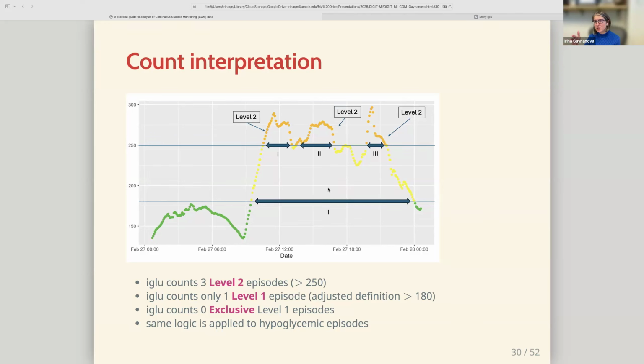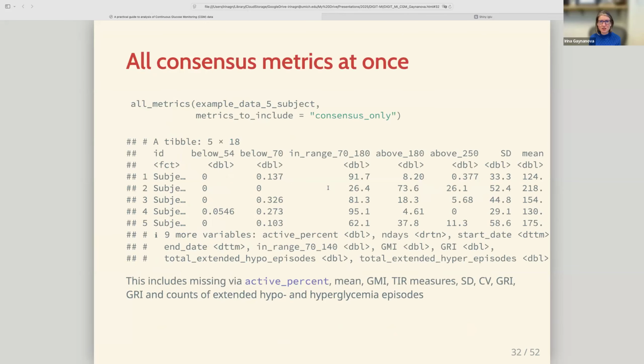So this will be an illustration where you will tell me what the meal times are. And then iglu would automatically look into the CGM data associated with those meal times and summarize metrics for the postprandial glucose curves. I'm not sure if that's close to what you had in mind. Yep, that's it. Thank you for your question.